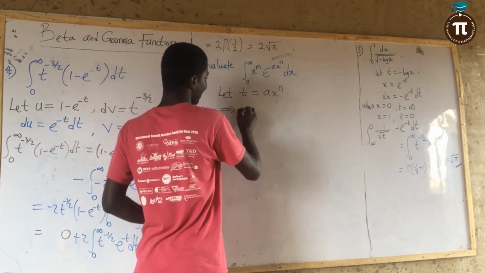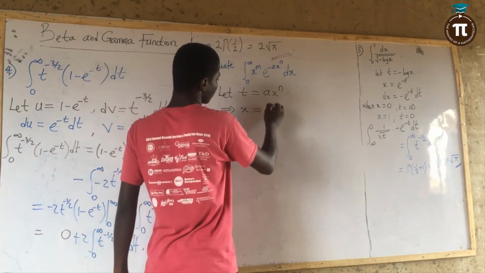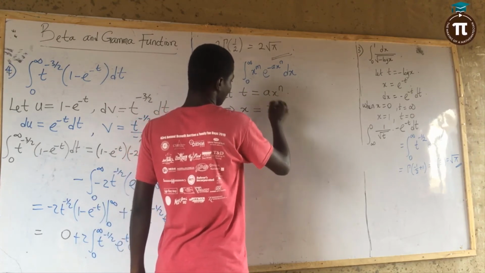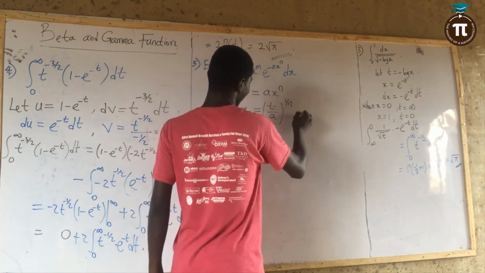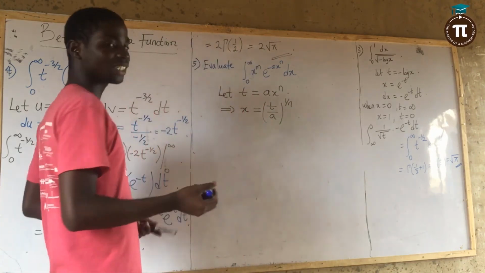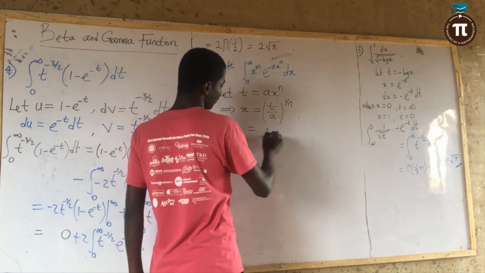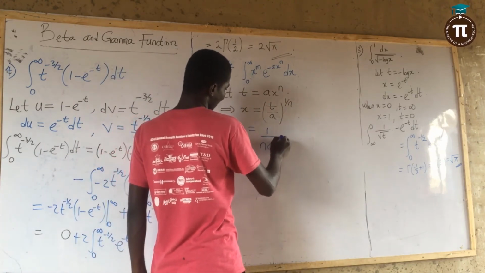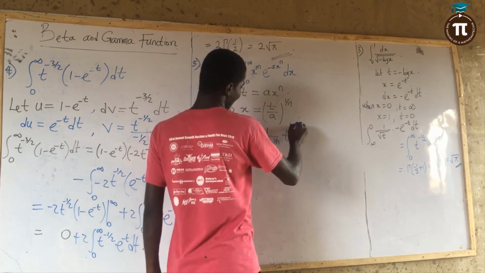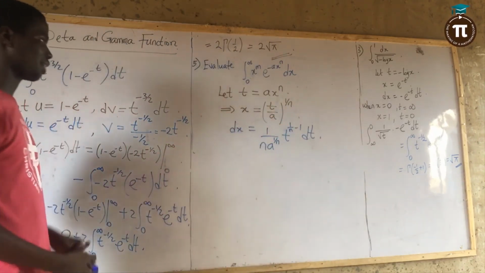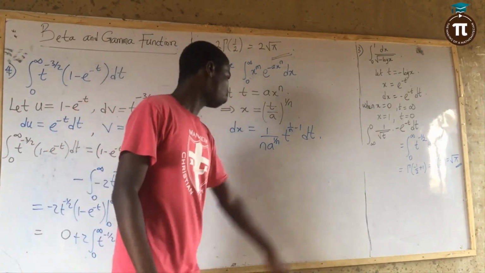So I will have x equal to t over a, raised to the power of 1 over n. Differentiate. dx will be equal to 1 over n a raised to the power 1 over n t raised to the power 1 over n minus 1 dt. That is what I have done here.